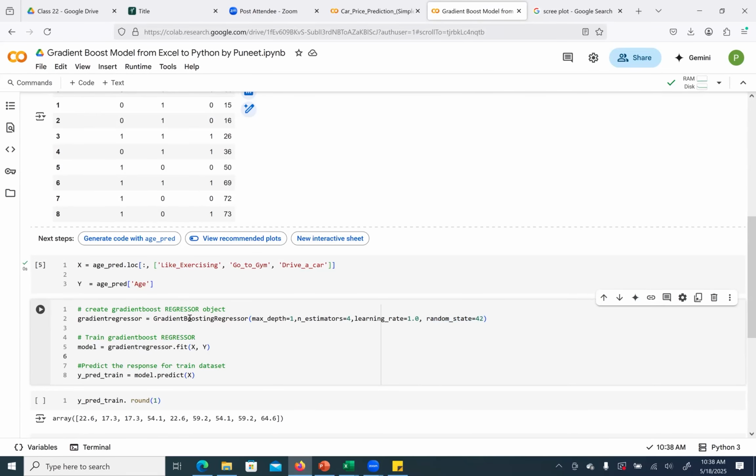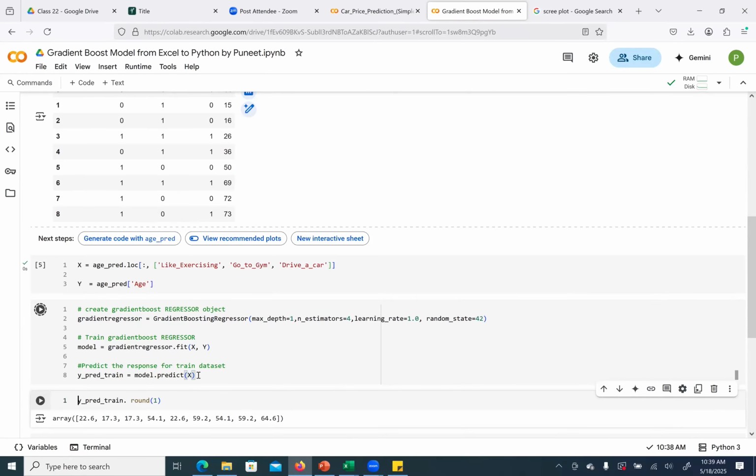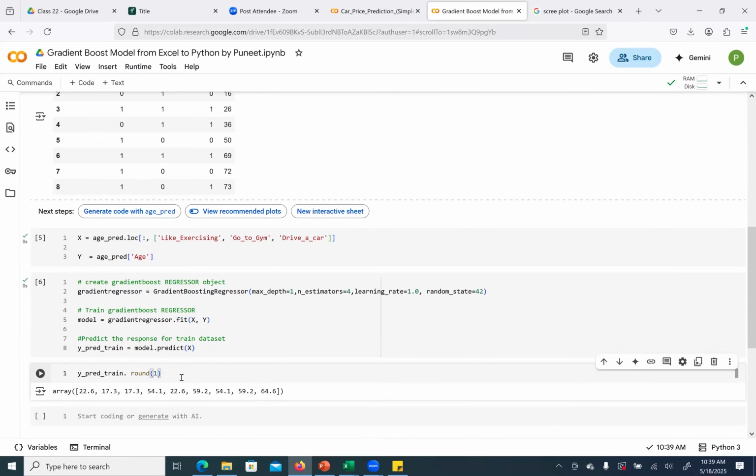Now, once I have declared this function, I will be providing my input data set and my target data set, X and Y. And finally, I will make predictions on my target variable. So this is how the predictions look.